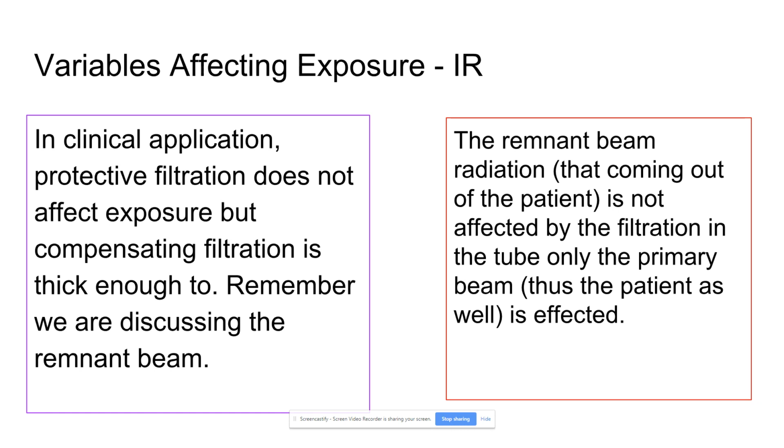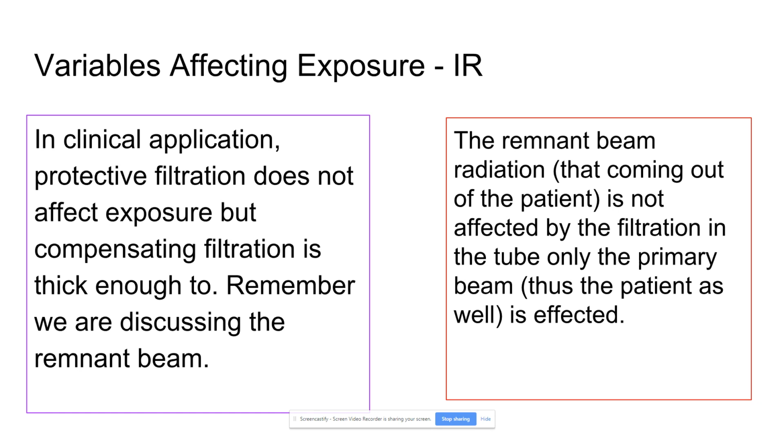Now, a compensating filter is different, right? The compensating filter, its main purpose... Anyone use compensating filters in clinic yet? Like for a foot or for spine work? Anyone see a full-length spine? Anyone else?